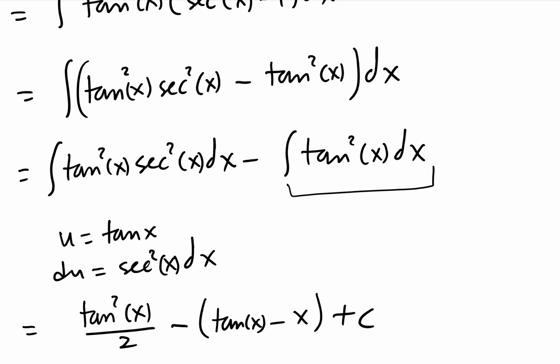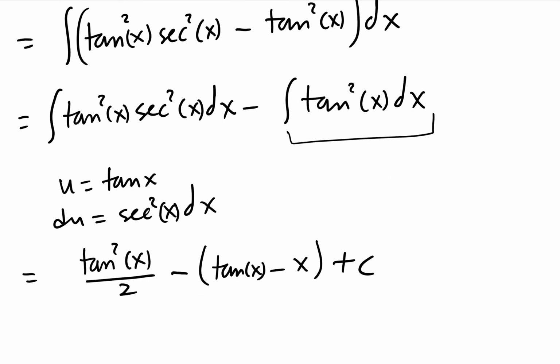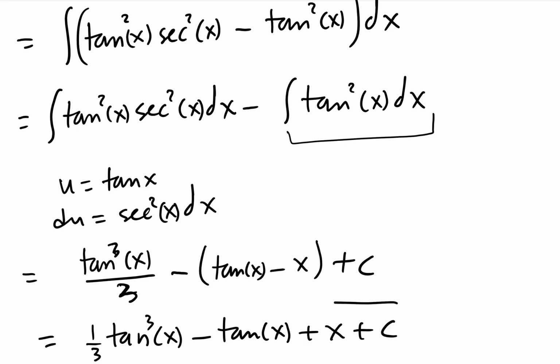So then all we have to do is, wait, u squared, that should be u cubed over 3. So that would be 1/3 tangent cube x minus tangent x plus c.